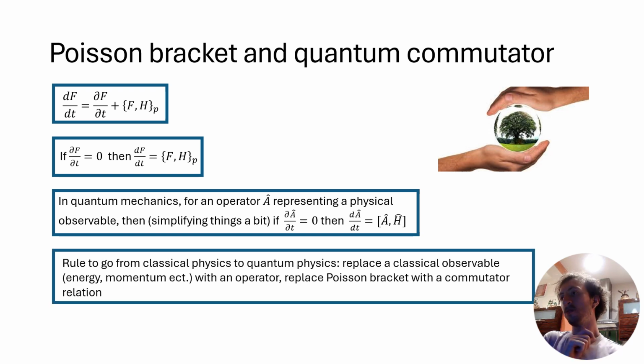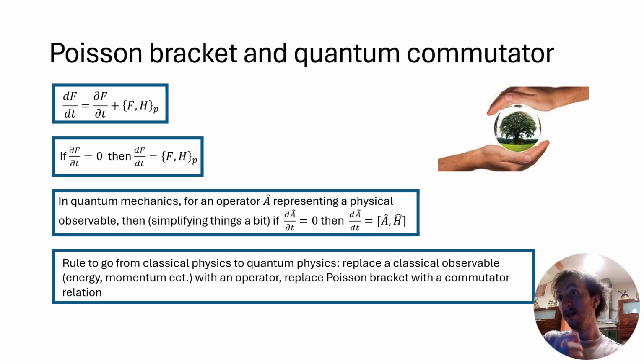And so this kind of relation that we can see between conservation laws and the quantum commutator and also conservation laws and the Poisson bracket gives us a nice roadmap from classical to quantum physics. So if you want to go from classical theory and make it quantum, you essentially, to summarise very broadly, replace the physical observables in classical physics with operators.